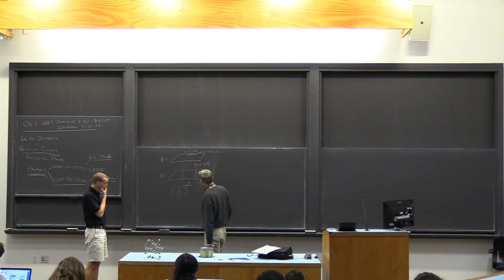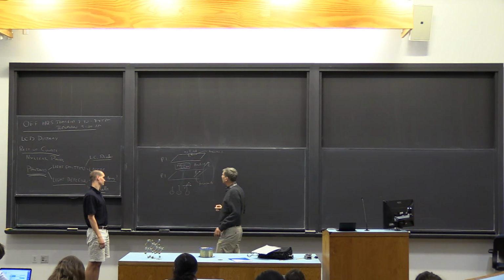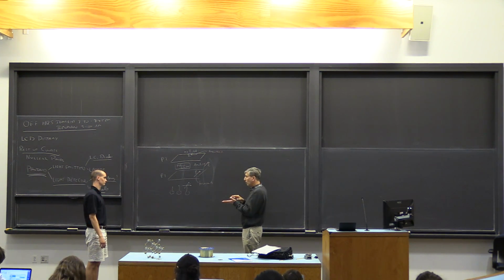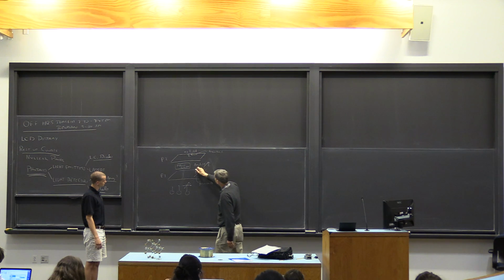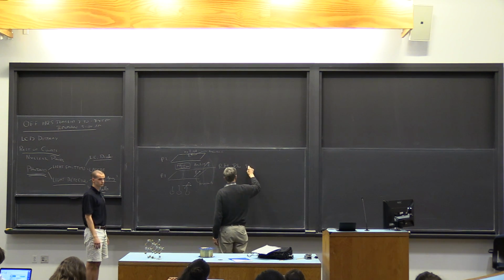Now suppose I have here some magic stuff. And this stuff has the magic property, some material, that it can rotate polarization. We're going to say it rotates the polarization by 90 degrees.